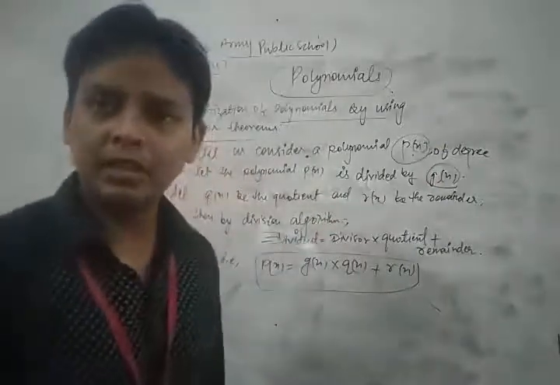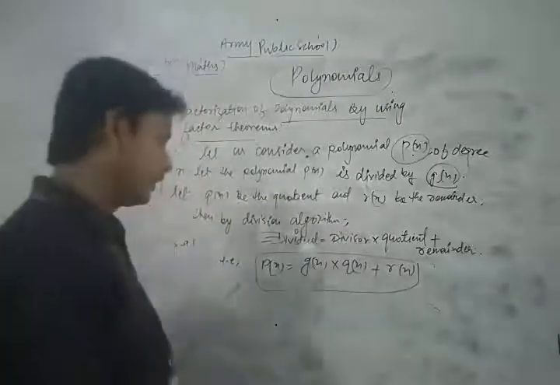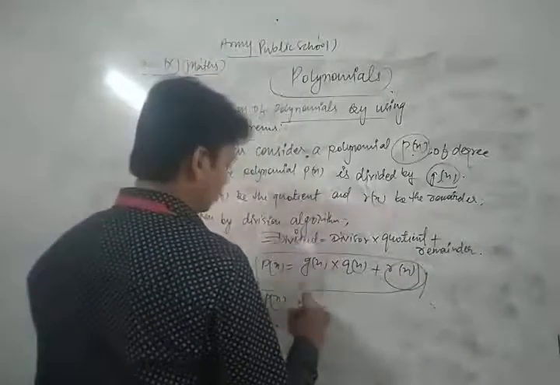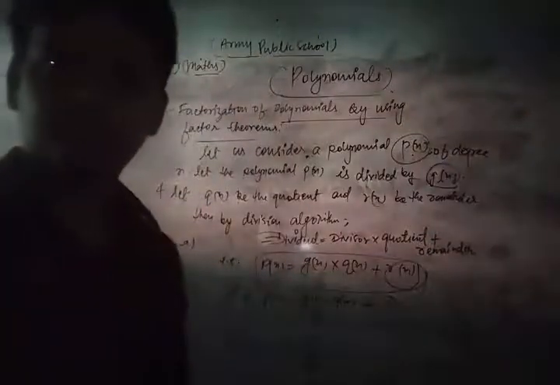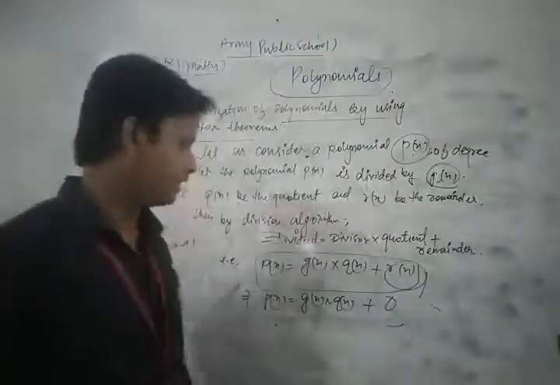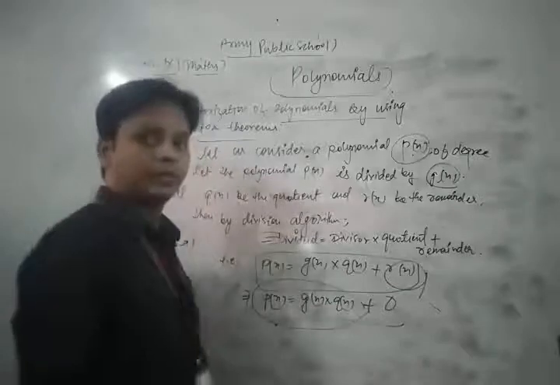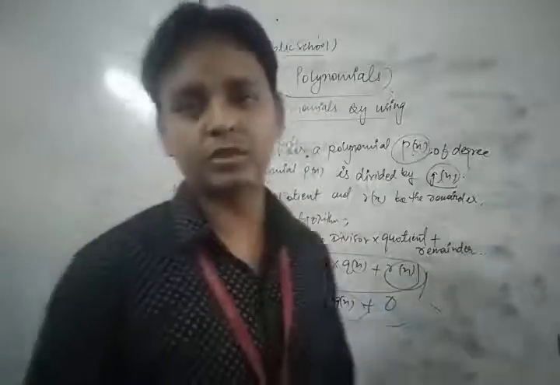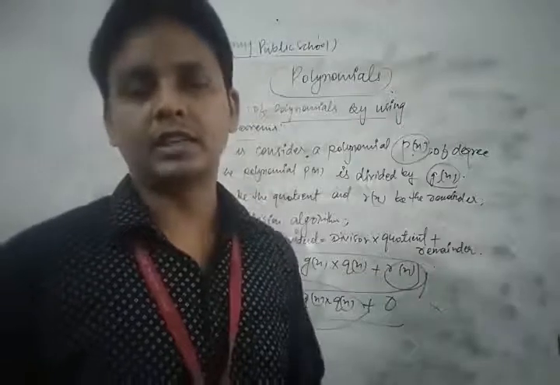Then p(x) is equal to g(x) into q(x) plus remainder 0, that is, dividend is equal to divisor into quotient. Using this concept, dear students, you can solve each and every question of your NCERT exercise based on these topics.